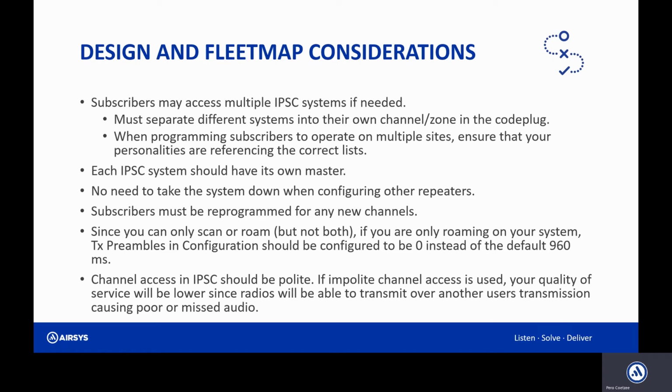Since you can only scan or roam, but not both, if you are only roaming on the system, TX preambles in the configuration should be configured to 0 instead of the 960 milliseconds default. So this is something that I've never really done in all of the IP site connect systems I've done before.